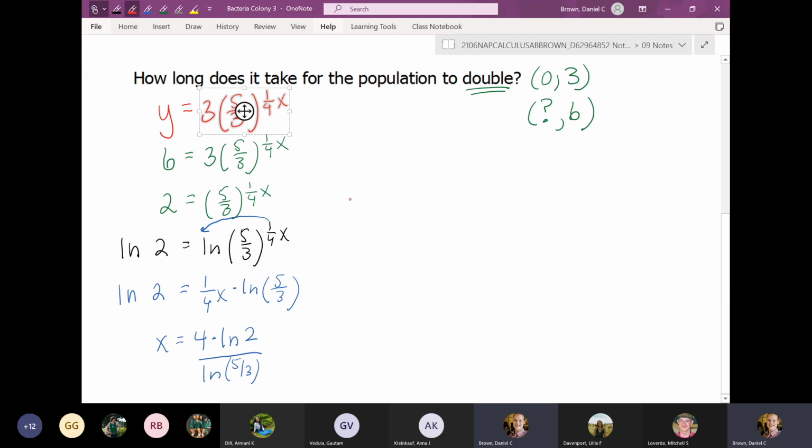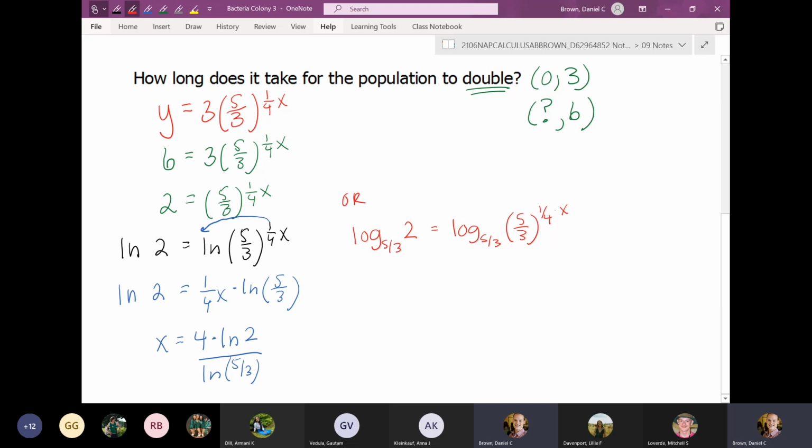The alternate way to solve that problem is you could just be more direct. What would cancel out a base of 5/3? You could literally take the log base 5/3 on both sides. Some students prefer doing it this way, and again, they're both valid. I don't care which way you do it, as long as you can do it.